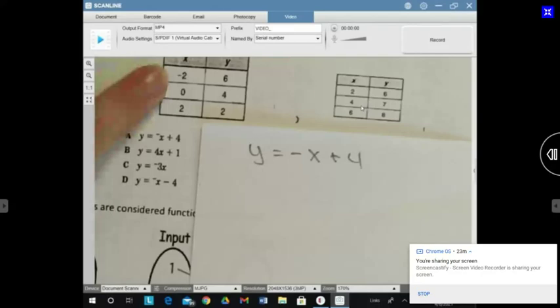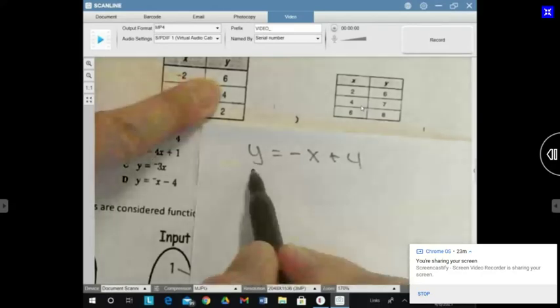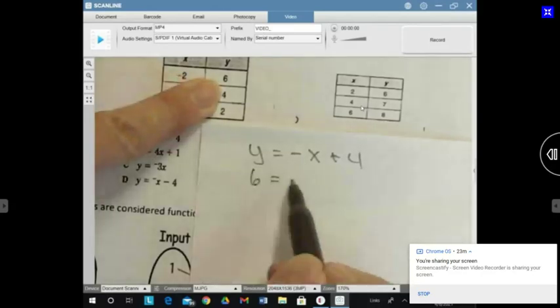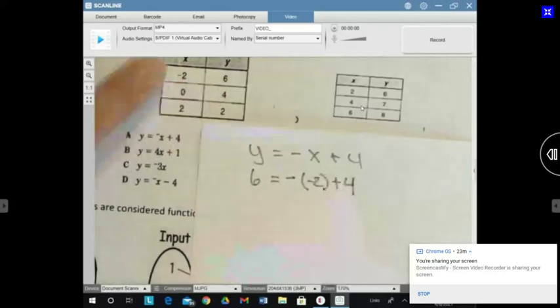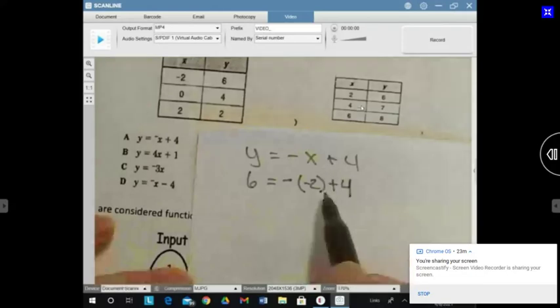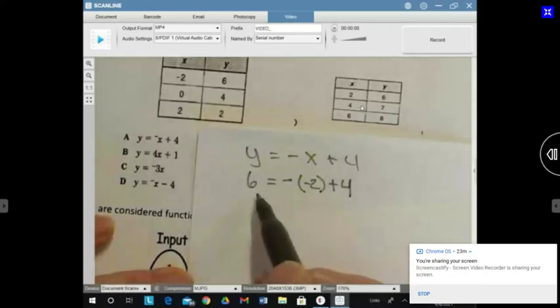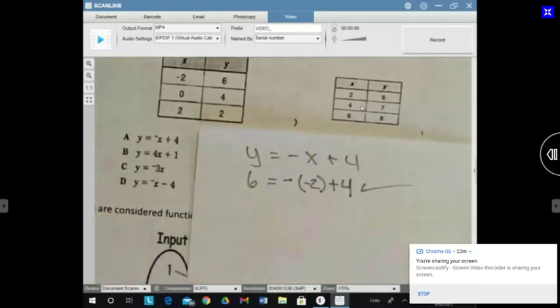I have a negative 2 plus 4. What's a negative 2? Positive 2. And 2 plus 4 equals 6. All right. Now, you're going to be tempted to go ahead and circle it, but it can fit one without fitting the other, so be careful.